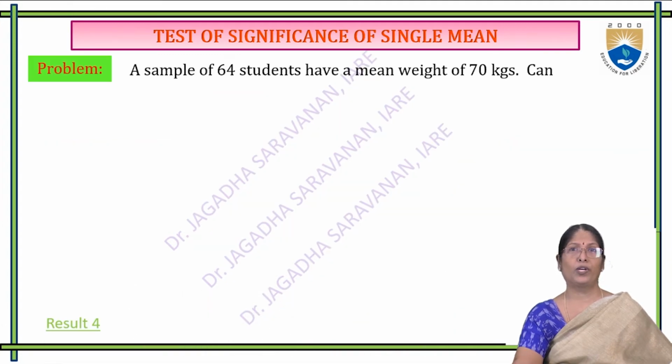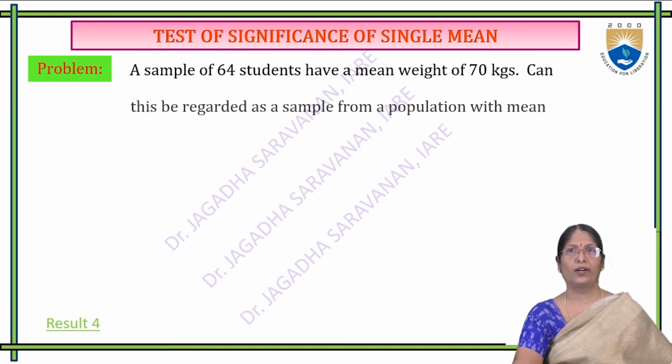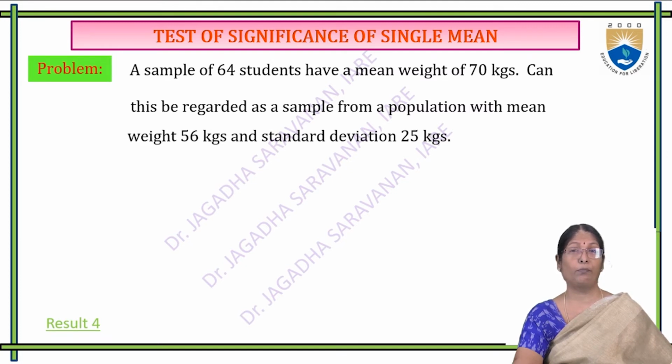So the next problem: a sample of 64 students have a mean weight of 70 kgs. Can this be regarded as a sample from a population with mean weight 56 kgs and standard deviation 25 kgs?